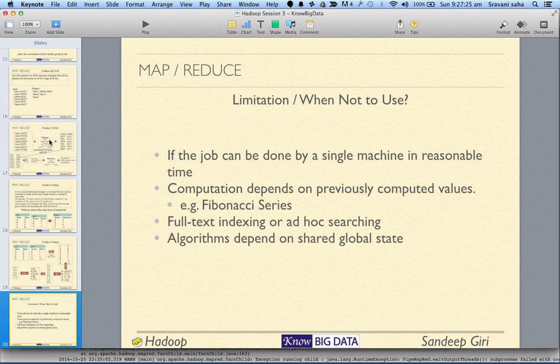Therefore it is strongly avoided. In case your algorithm depends on a global state, then it is strongly avoided for MapReduce.